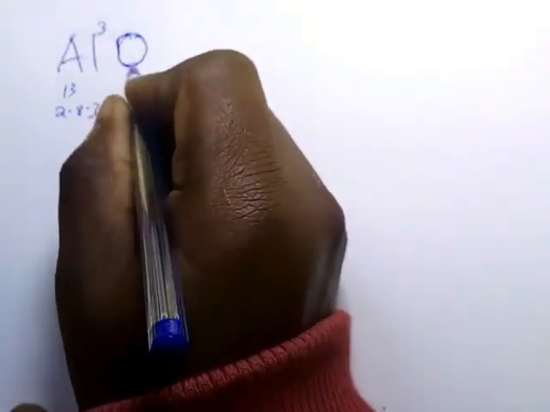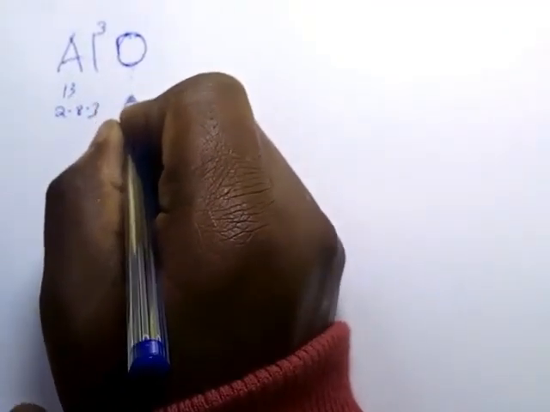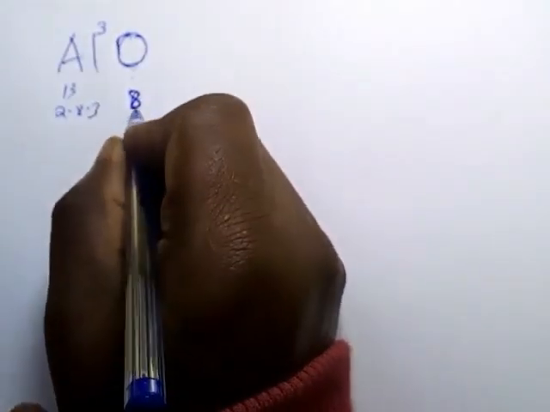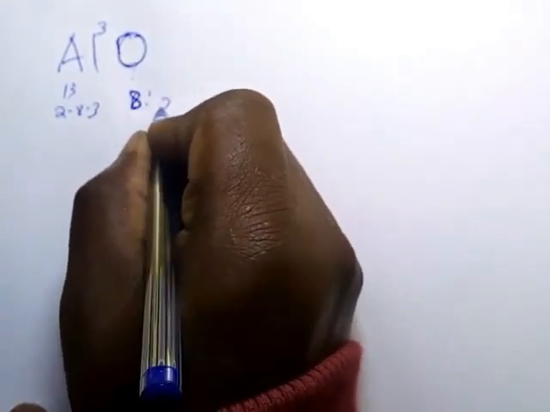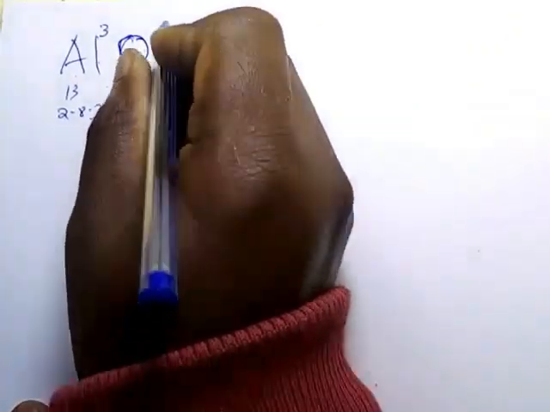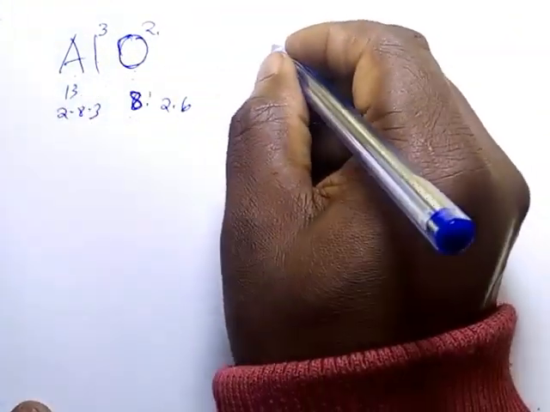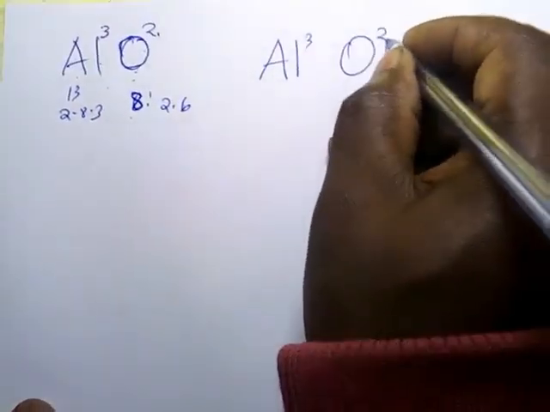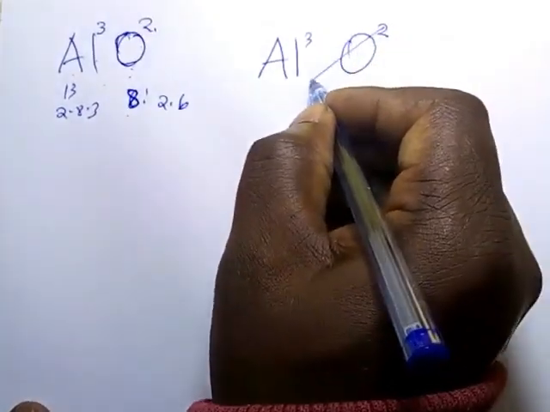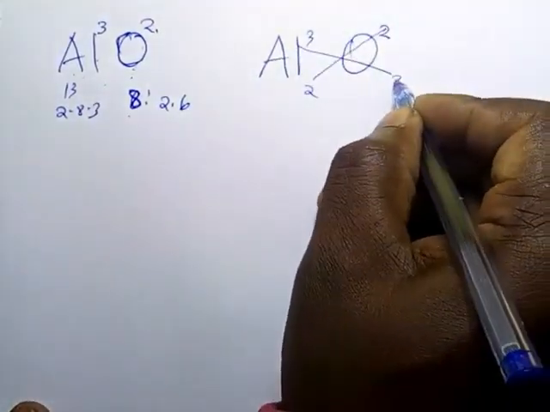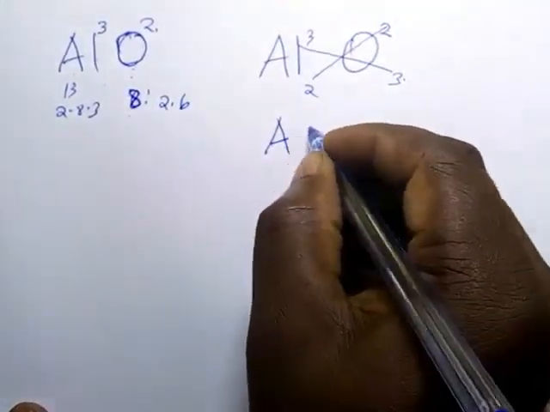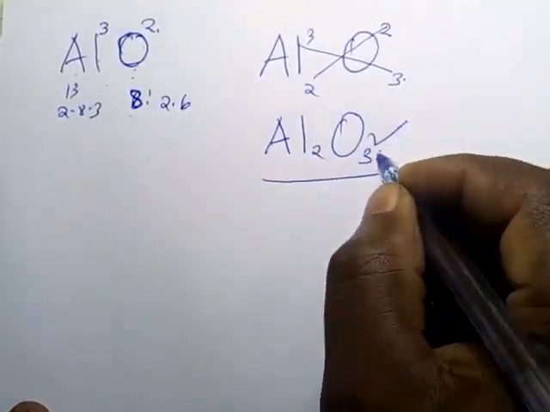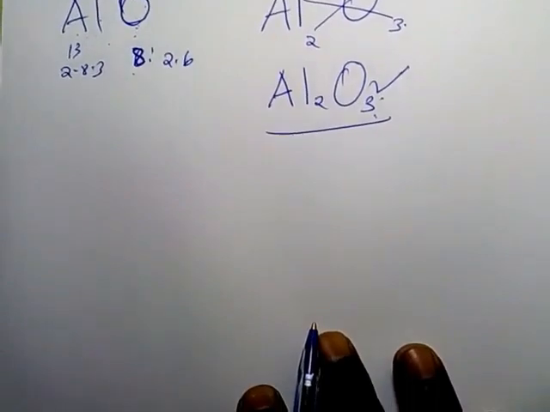You know that oxygen is atomic number 8. So the electron configuration is 2, 6, so it will gain 2 electrons, so the valence is 2. So now you have aluminium 3, oxygen 2. This one will bring 2 here, and this one will bring 3 here. Therefore, aluminium oxide is Al2O3. And this is the correct formula of aluminium oxide.